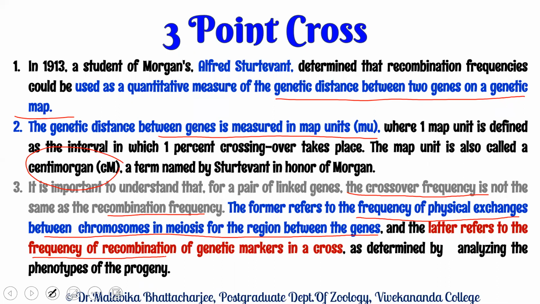What do we mean by genetic markers? Genetic markers are genes which give a very prominent phenotype, for example, the wing vein and the eye color we just studied in the linkage group. So remember, the crossover frequency is the frequency of physical exchange between chromosomes, and the recombination frequency is the frequency of recombination between genetic markers occurring in a cross.